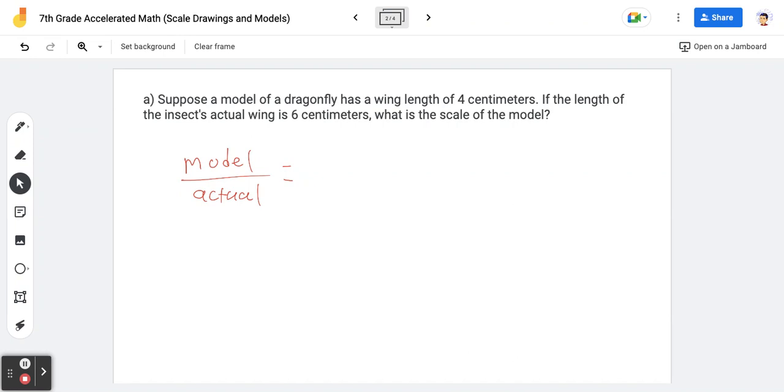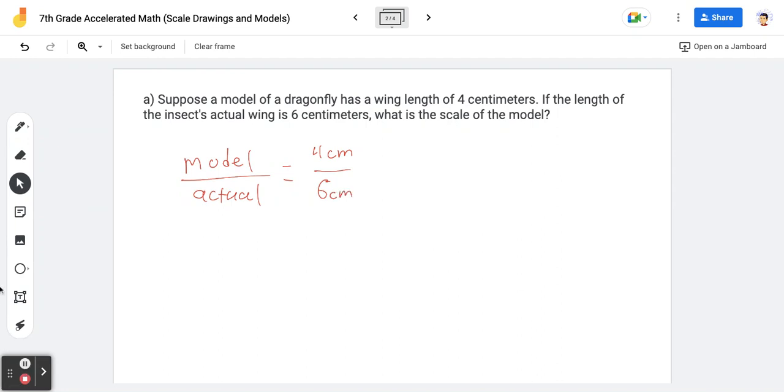It says, suppose a model of a dragonfly wing has a length of 4 centimeters. So the model is 4 centimeters. If the length of the insect's actual wing is 6 centimeters, so the actual is 6, what is the scale of the model?